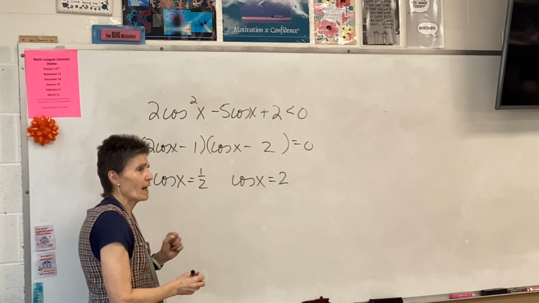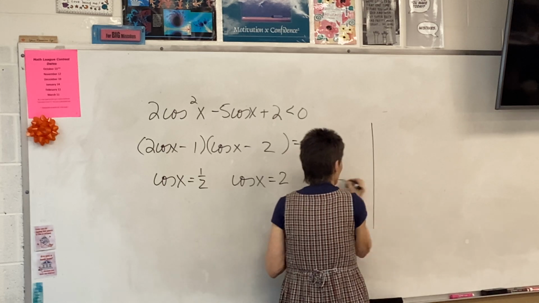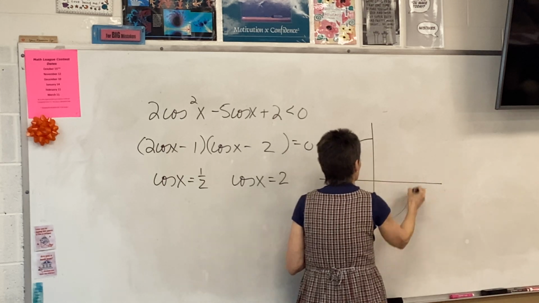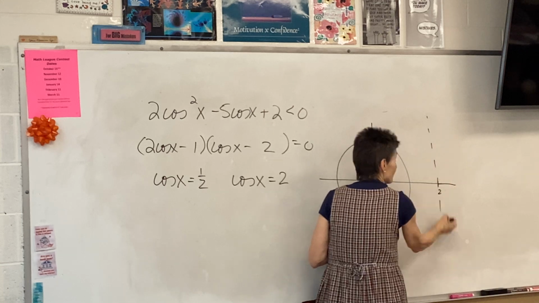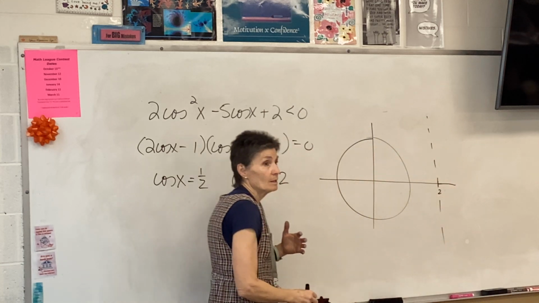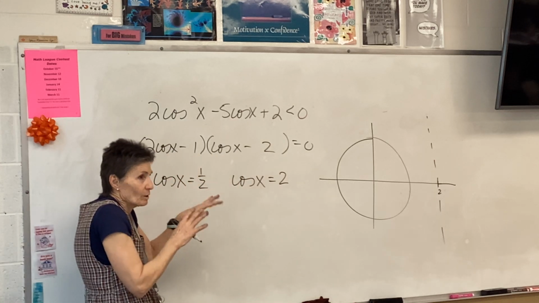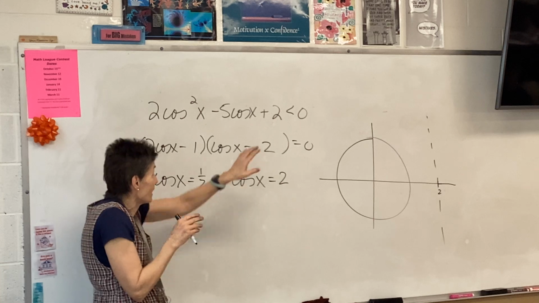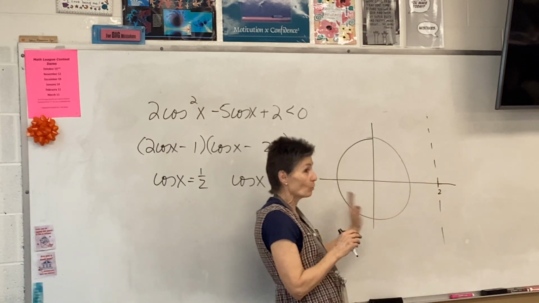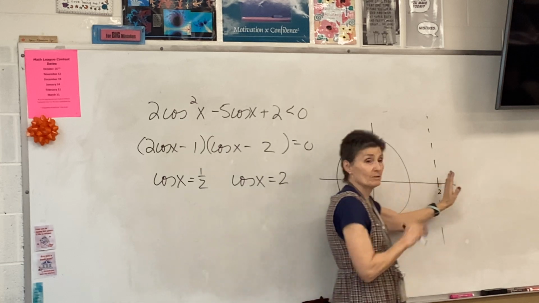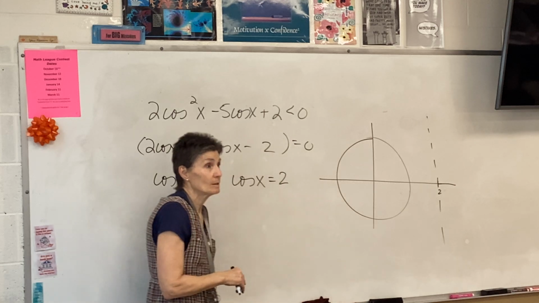So when I look at my circle, are we going to do this one on the circle? If we do this one on the circle, cosine equals 2 would be out here, right? That's where x is 2. Now remember, I wrote equals, but this isn't really an equals, it's a less than. So less than 2 would be the whole circle, and bigger than 2 would be nothing. Does that make sense to you?